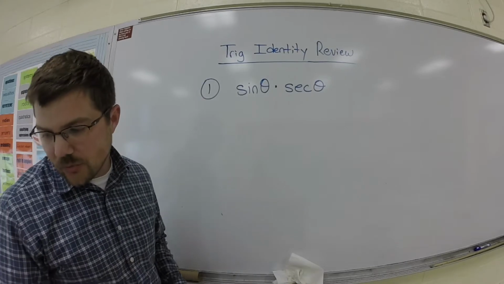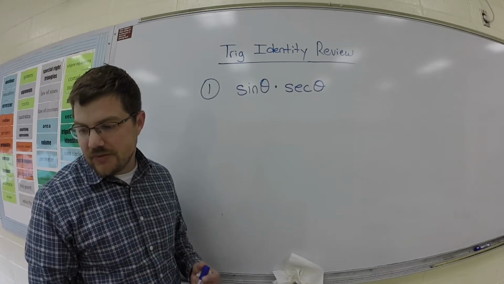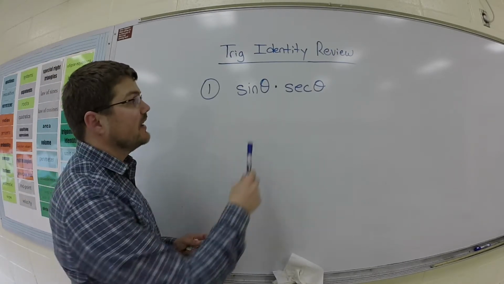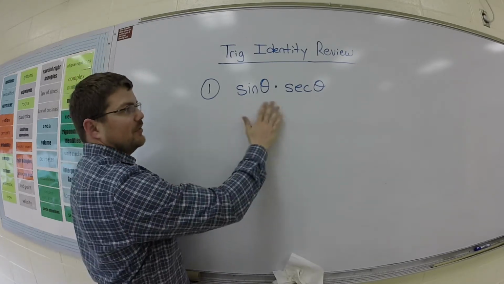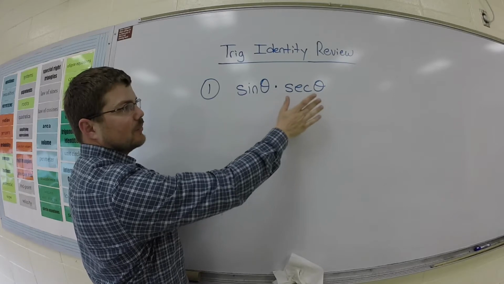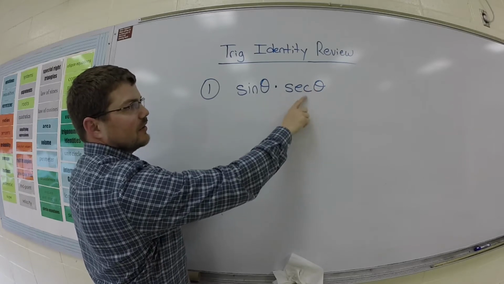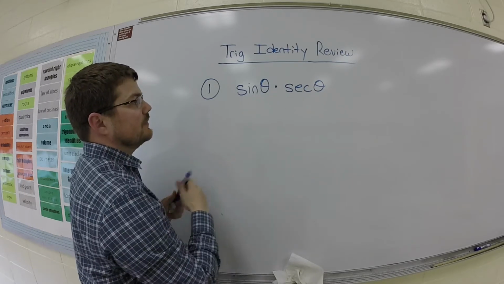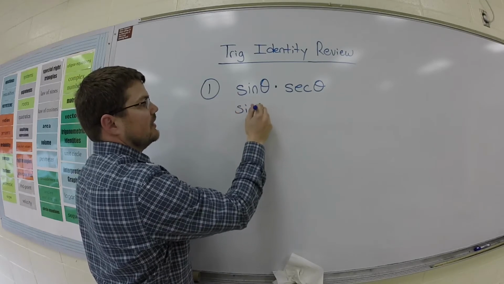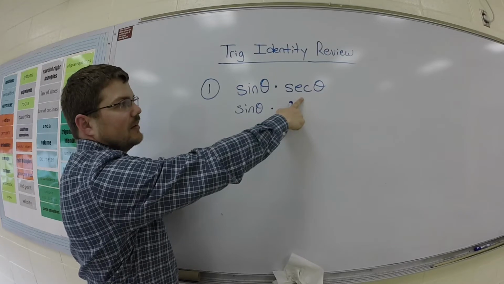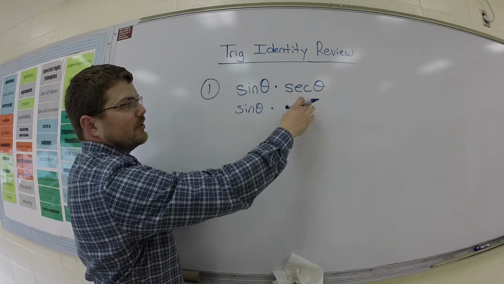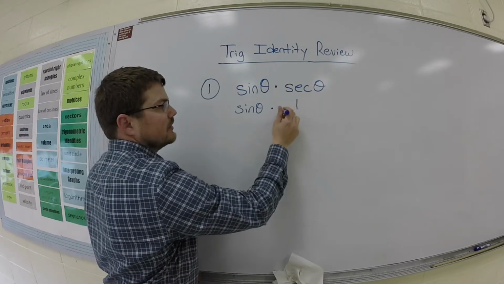Okay, let's look at number 1. Number 1 says, which of the following is equal to sine theta times secant theta? Anytime you see a function that's not sine or cosine, we're going to change it. So let's rewrite secant theta: cosine flipped over, so it's 1 over cosine.